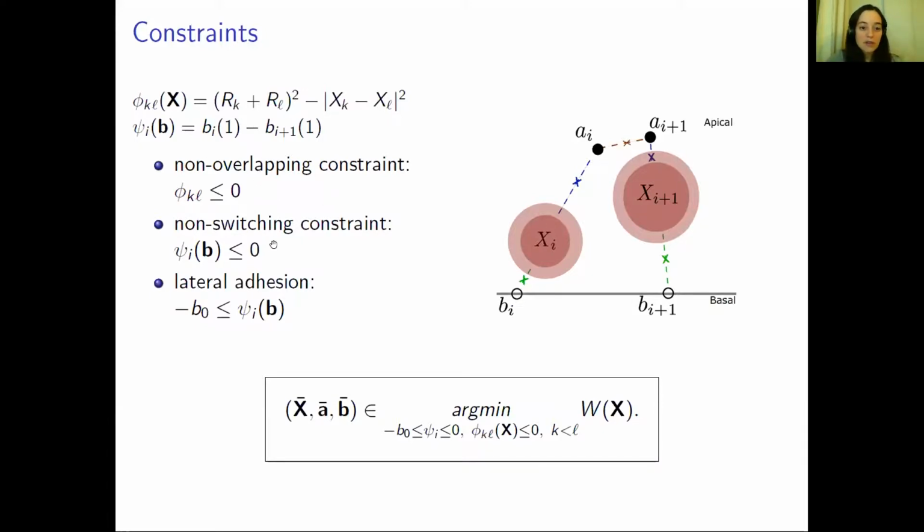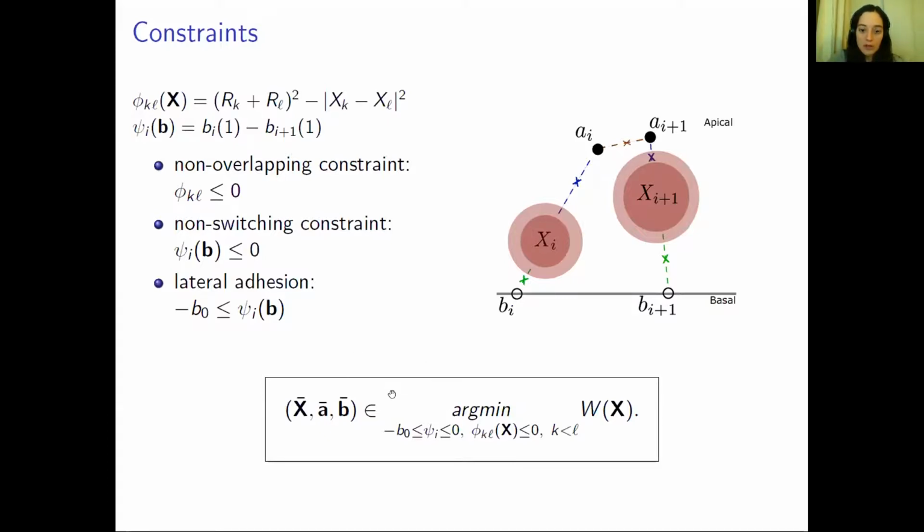Also, the basal points, we assume that they keep an order, so they cannot switch between each other. So psi is negative, and also they cannot be too far away from each other. So this is this constraint here, and this models lateral adhesion.